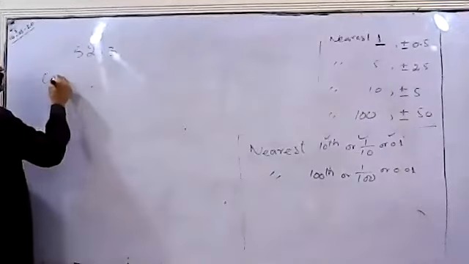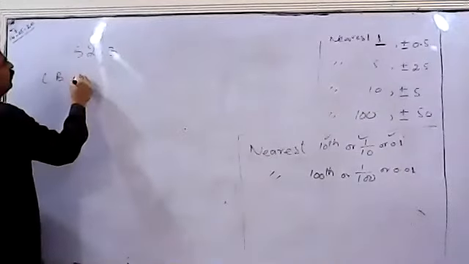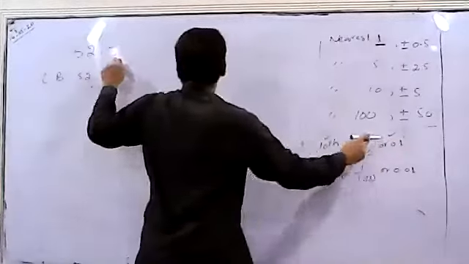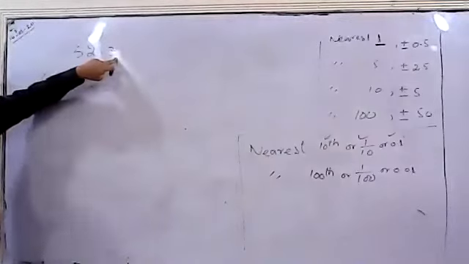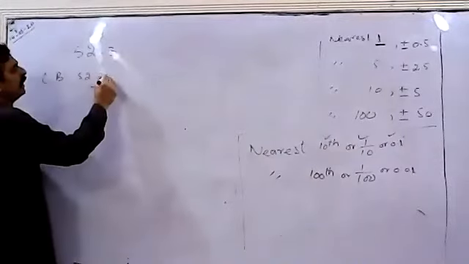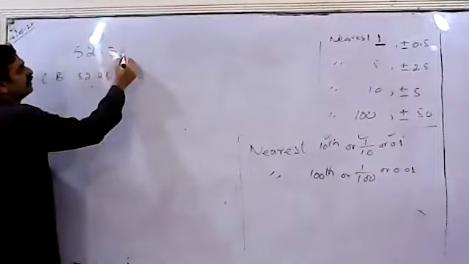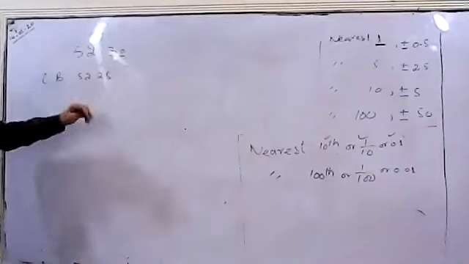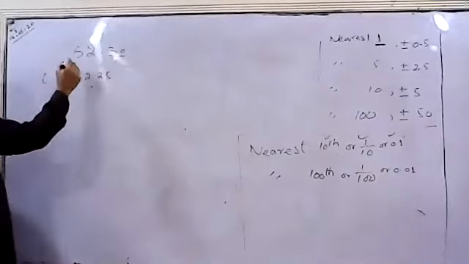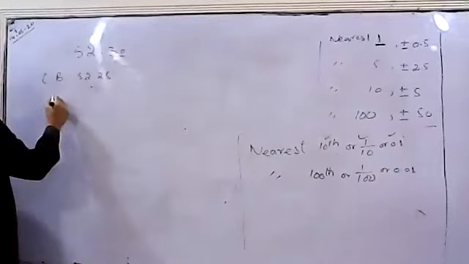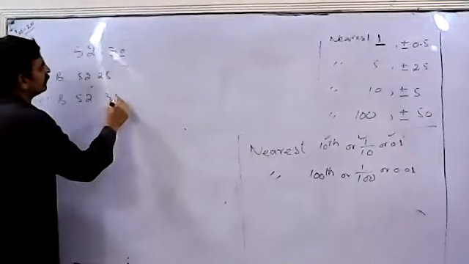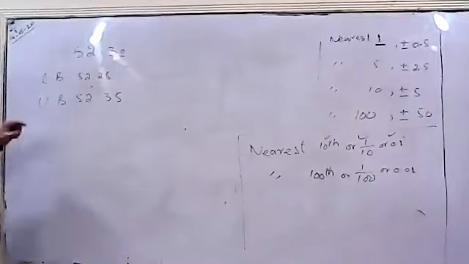So the lower bound will be 52.3 minus 0.05, which is 52.25. Its upper bound becomes 52.35. Students, this is the basic of lower bound and upper bound.